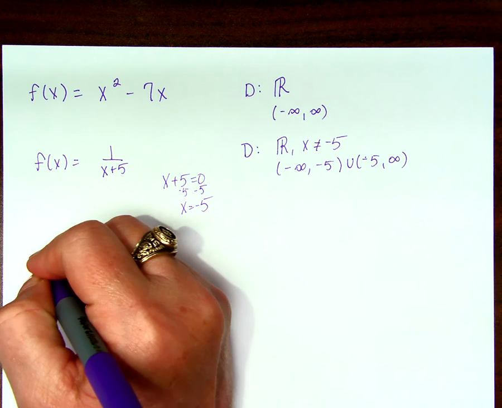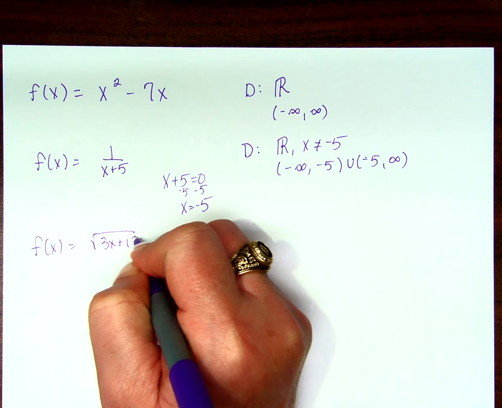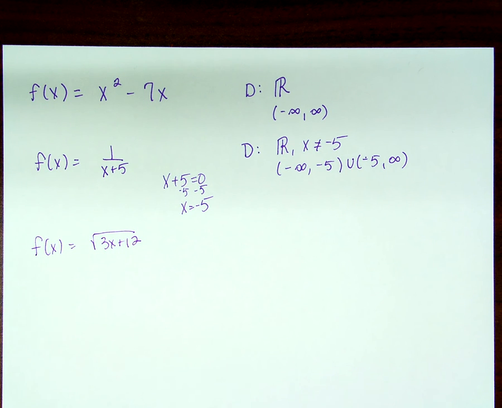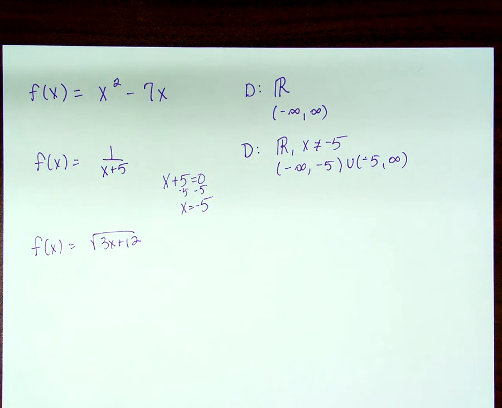What about this? F of x equals the square root of 3x plus 12. What you got? These things underneath the root sign, are they allowed to be negative?